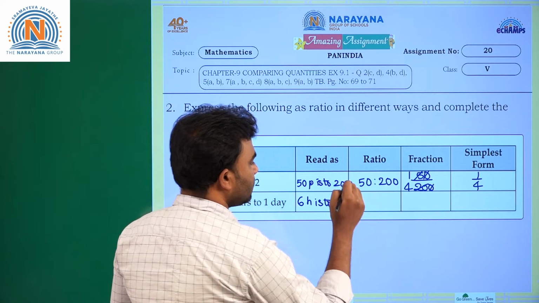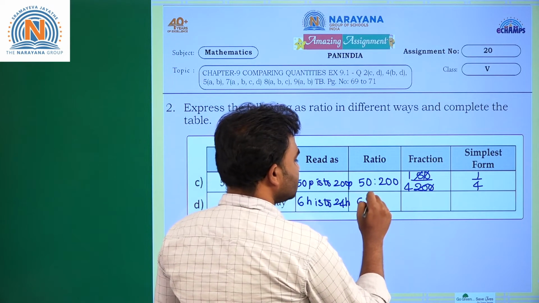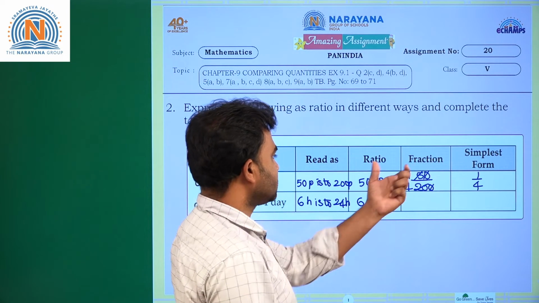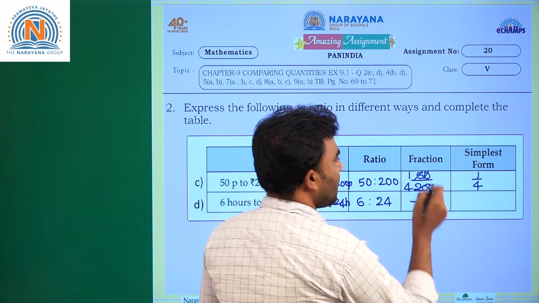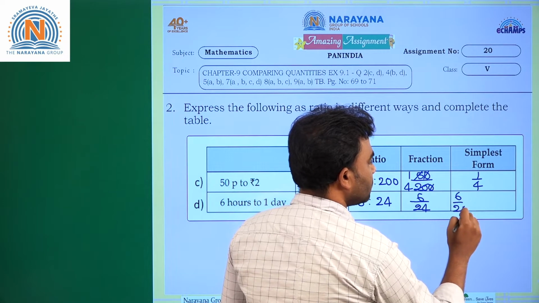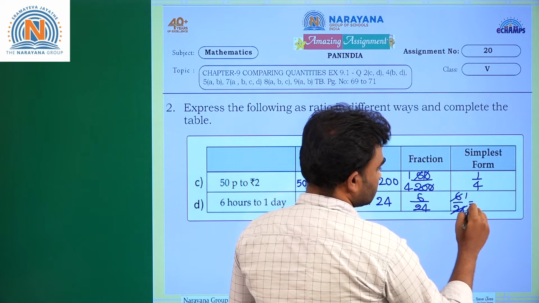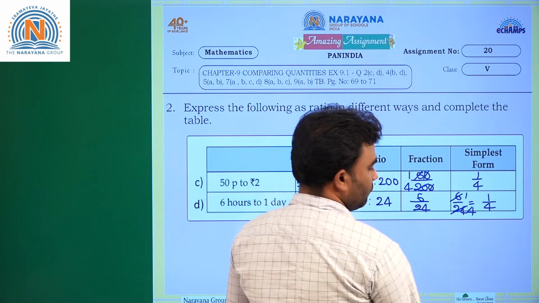Next, the ratio of this is 6 is to 24. Fraction form of this is 6 by 24, and the simplest form of this is, 6 by 24 is equal to 6 1 6, 6 4s 24, so the answer is 1 by 4.